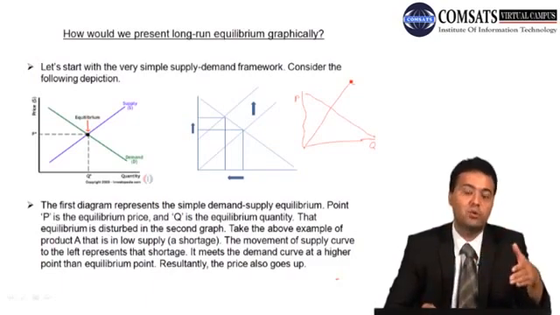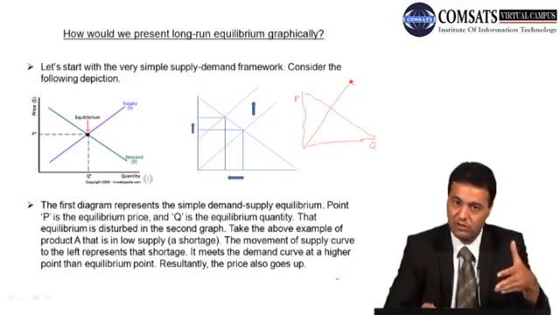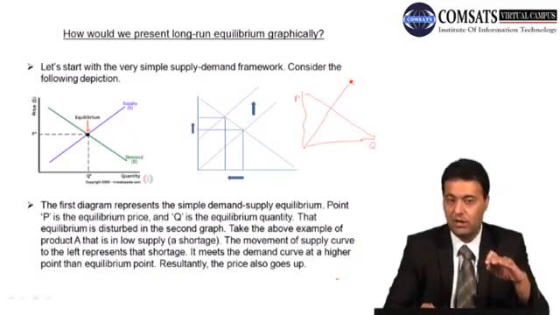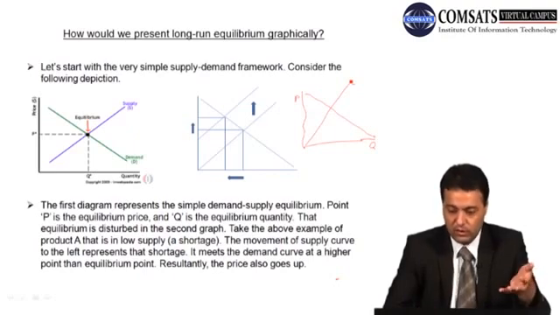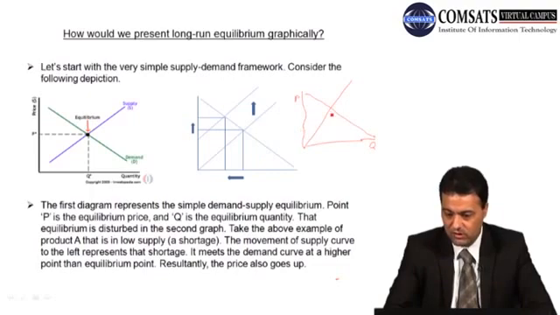that would be the price where the seller would be happy to sell his product, and the demander or the consumer would be, maybe not happy, but satisfied that this is the price at which I can get my product. So here is the point where this equilibrium takes place, where they cross each other.